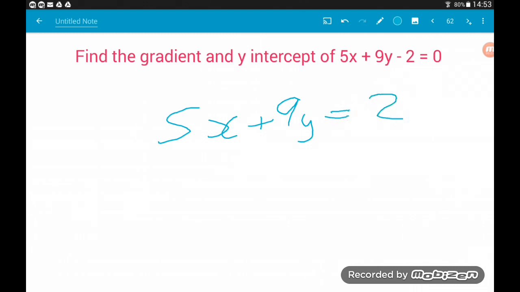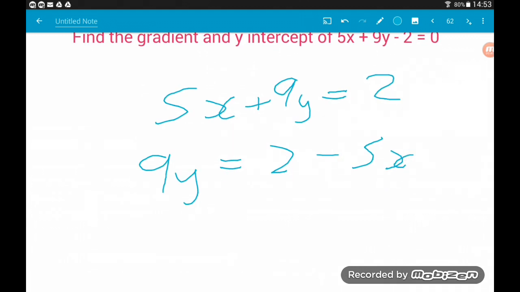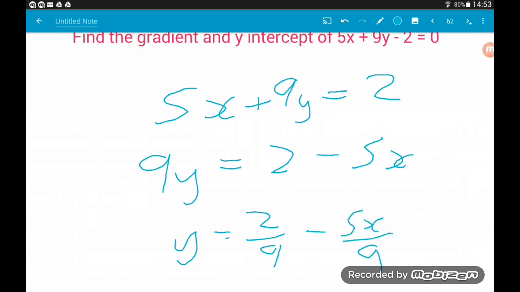Then I'm going to subtract 5x. So we get 9y is 2 minus 5x. And then finally, we just divide through by that 9. So we get y is 2/9 minus 5x over 9.